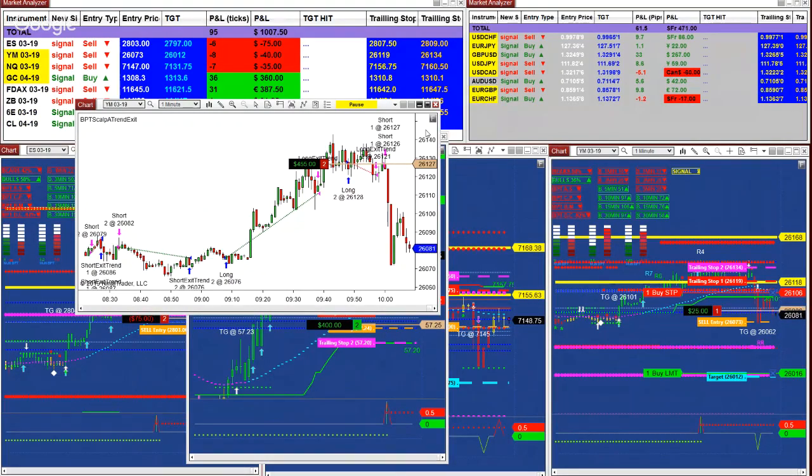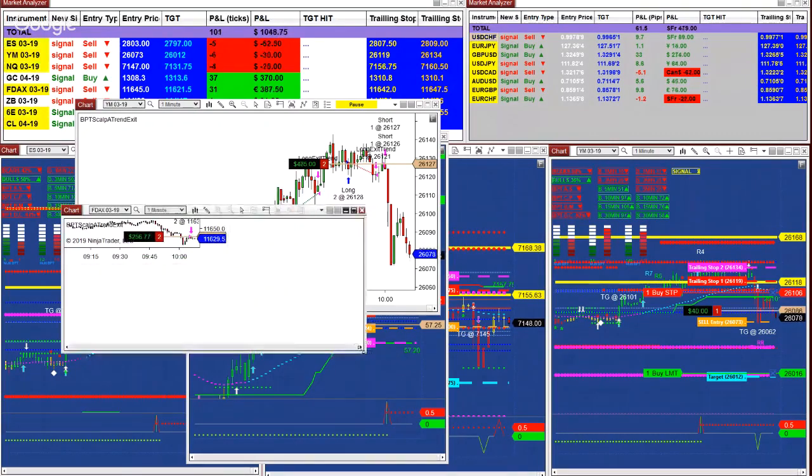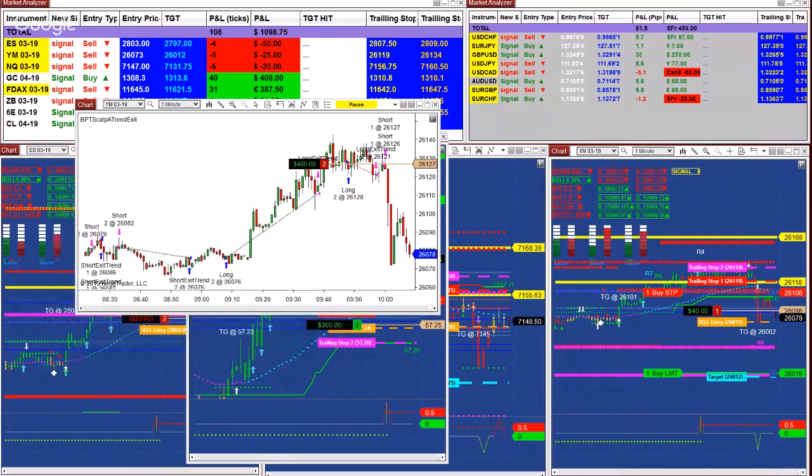Also on the DAX, we have a nice catch. We just started the DAX and it caught it right away, right at the pullback re-entry, and nailed it. So when the market is moving, those swing trading will never miss a trade.